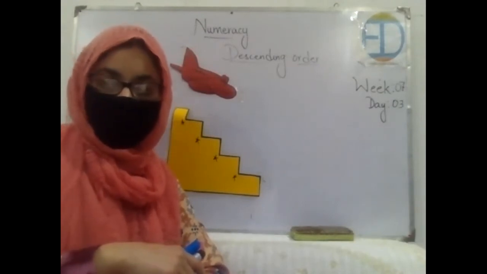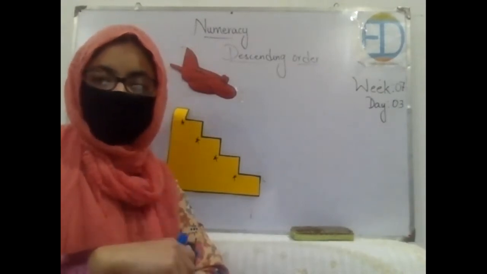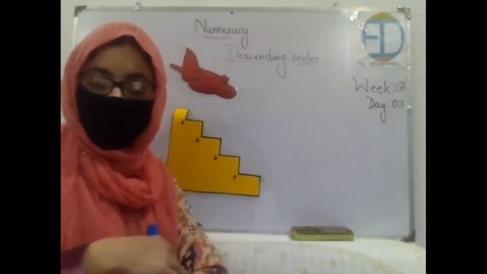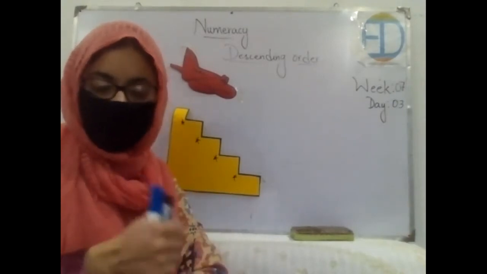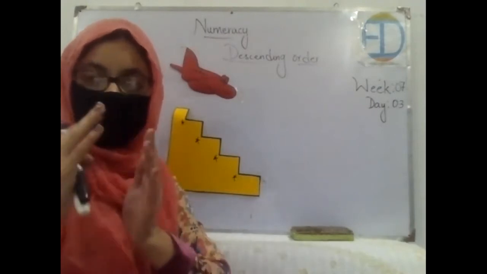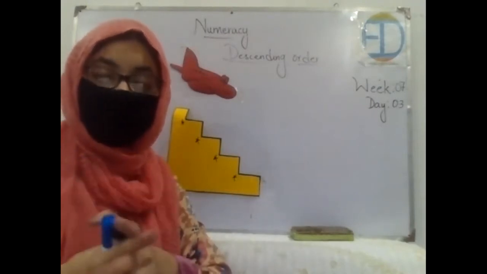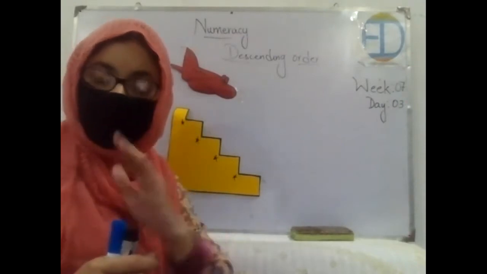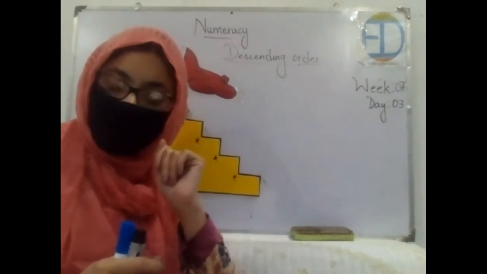Any confusion in ascending order? No? So who is going to tell me what ascending means? Ascending means going up, right? How do we write numbers in that order? We always start from the smallest number and then we move toward the highest one, right?